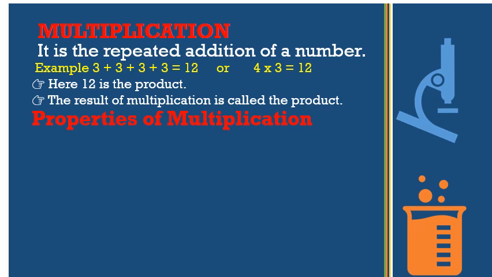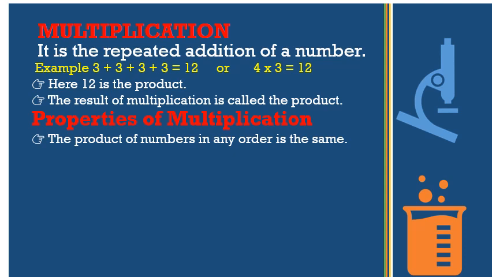Now let's come to the properties of multiplication. The first property is the product of numbers in any order is the same. Let us understand this with the help of example. See, in this example, 5 multiplied by 7 is equal to 35. We can also write 7 multiplied by 5 is equal to 35.